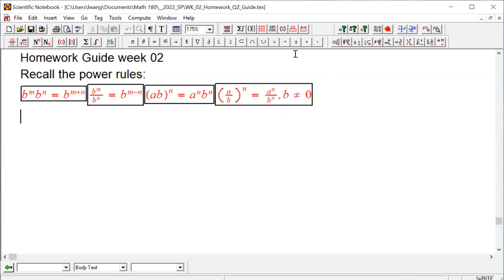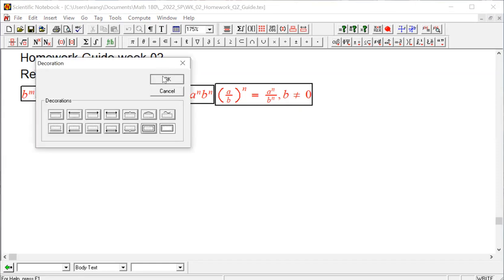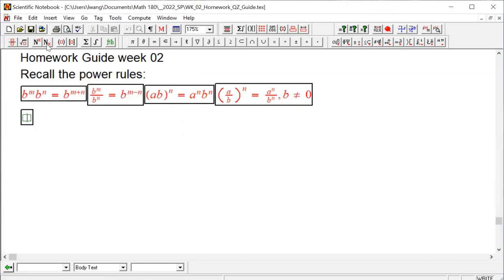The next part is other properties such as b raised to the power 0 is equal to 1, but provided b cannot be 0. This condition is absolutely important.